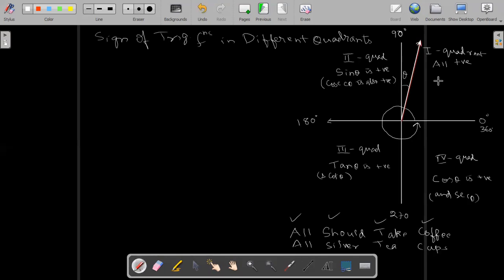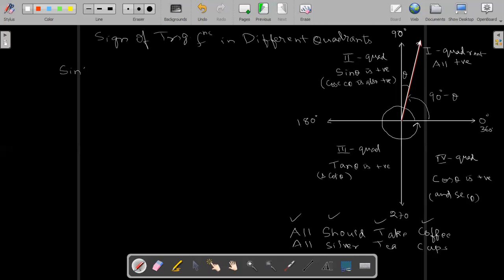So which quadrant are you in? First quadrant, 90 minus theta. This angle will be 90 degree minus theta. Then if you add theta to 90 degree, that becomes 90 degree plus theta, then 180 minus theta. Like this we can write sine.